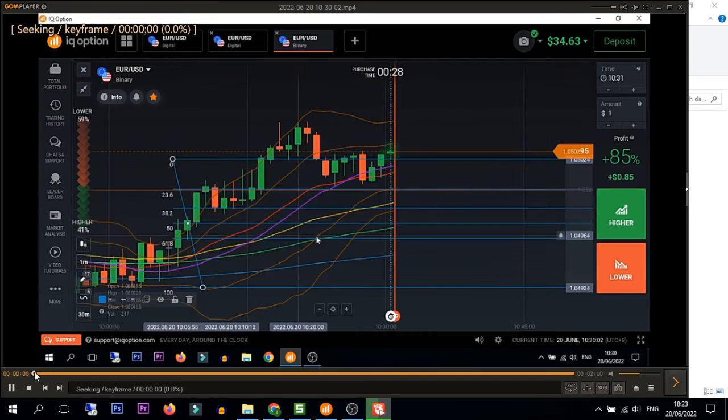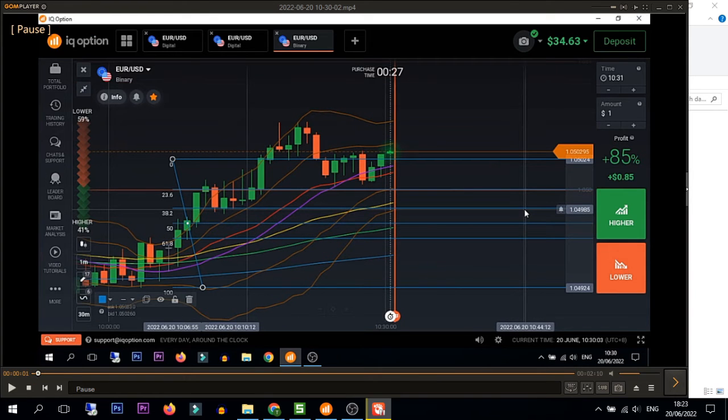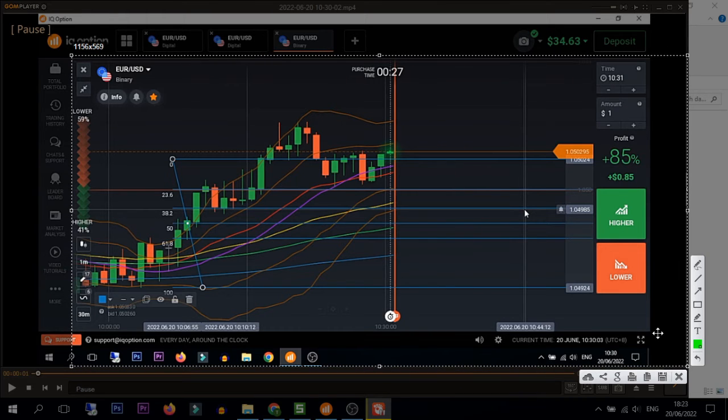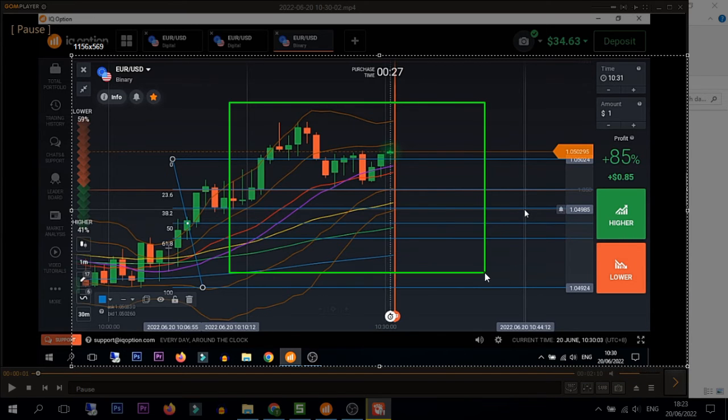Let's go back here, because I need to see where the round number is, and also the Fibonacci level. Okay, here I'm using the Fibonacci level, because with Fibonacci I can draw the support and resistance easily. So here I was expecting this before I entered this trade. As I remember, I counted with 3 candlesticks also.